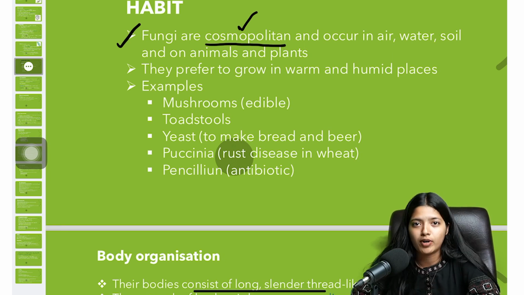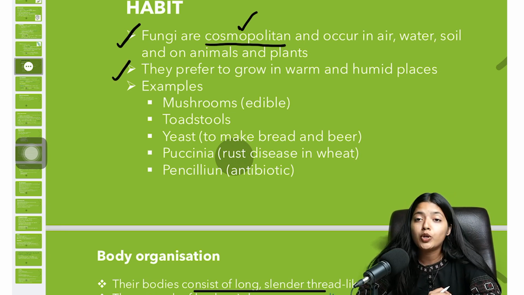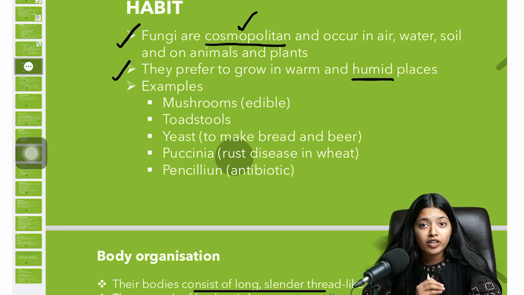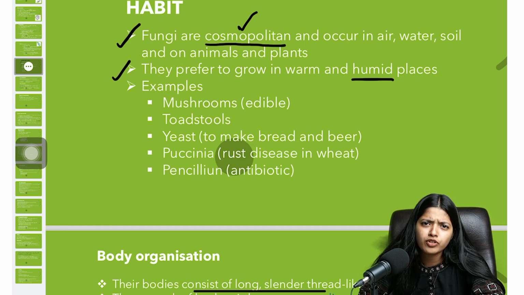They are cosmopolitan. Okay. Now they prefer to grow in warm and humid places. So this is an important point. Fungi always need humidity for their growth. Do you remember we keep food in the refrigerator? Why do we keep food in the refrigerator? To avoid growth of fungus.